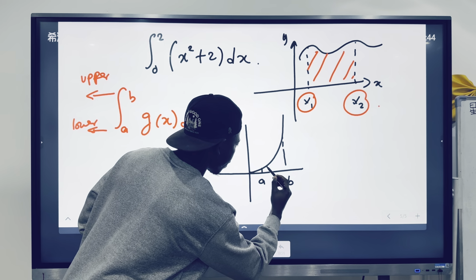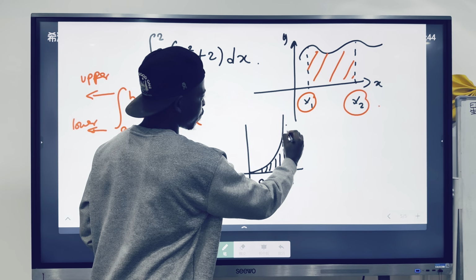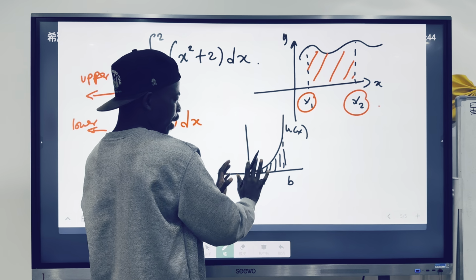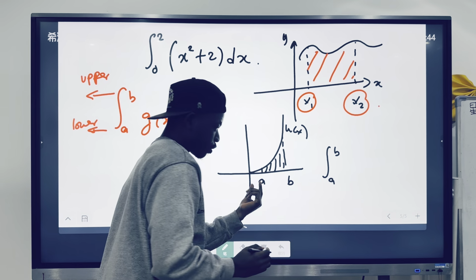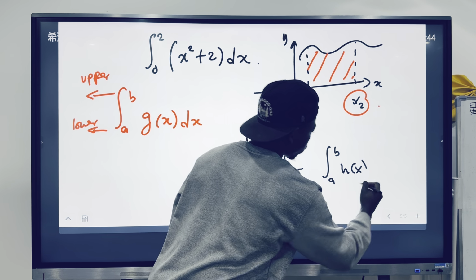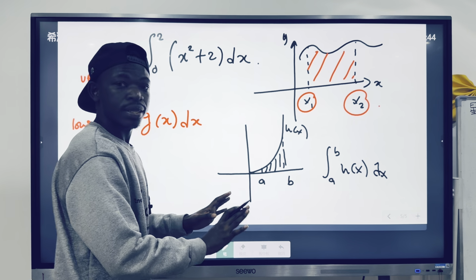So you're finding this area here. That's what you want to know. If this was my function h of x, to find the area of this function, I need to integrate from a to b. So what am I integrating? I'm integrating the function h of x with respect to x. So this will give me the area.